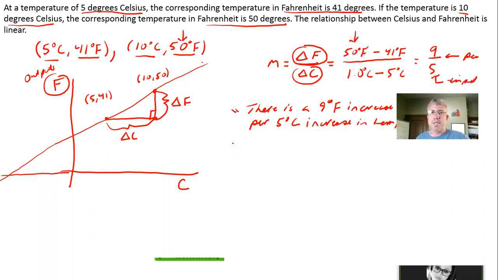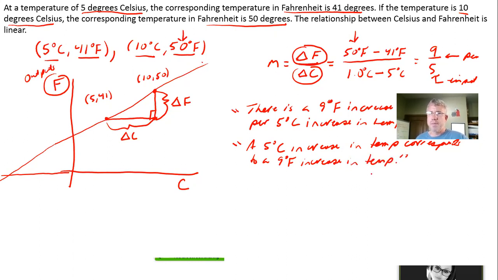So in some instances, it would be really common to say a 5 degree Celsius increase in temp corresponds to, or even causes, a 9 degree Fahrenheit increase in temperature. So in the homework, when it says interpret the slope or write the slope with units, that's what you're being asked to do.